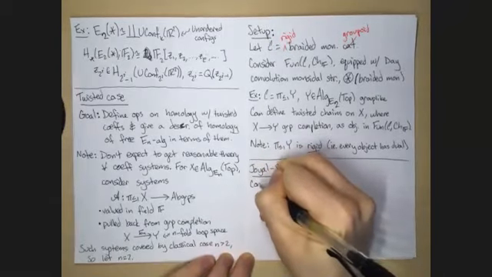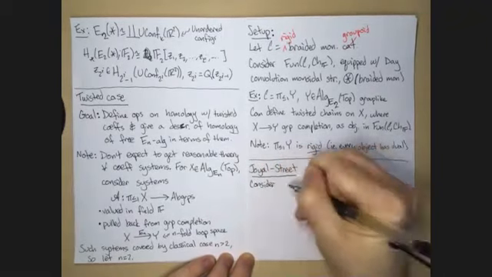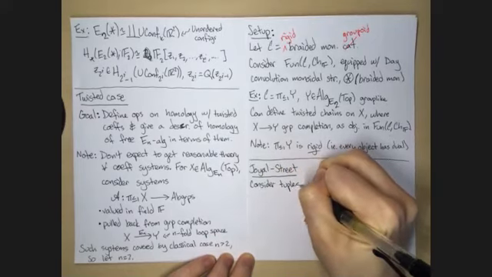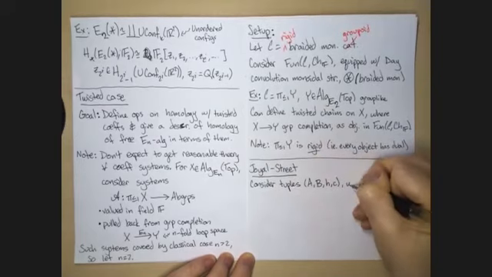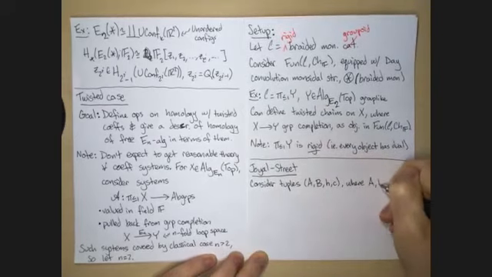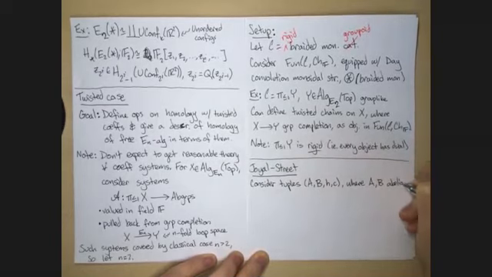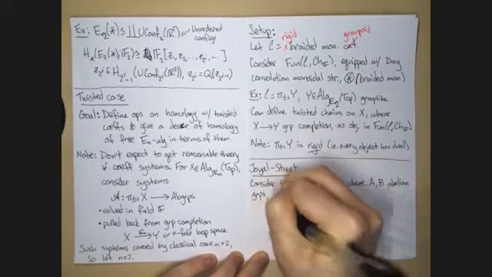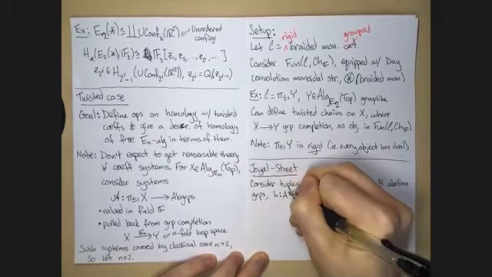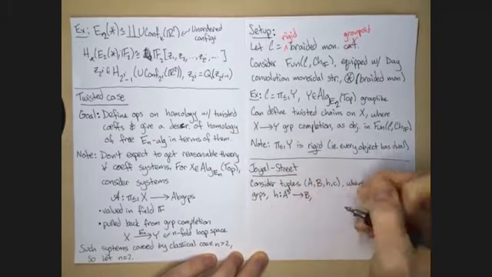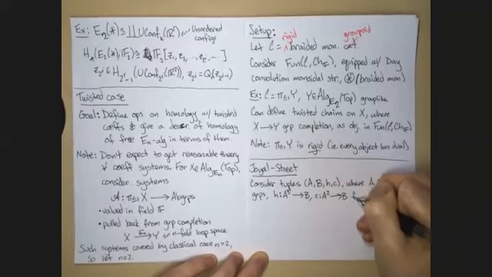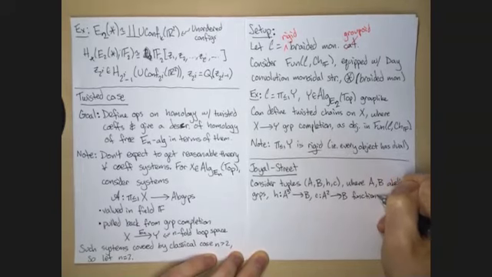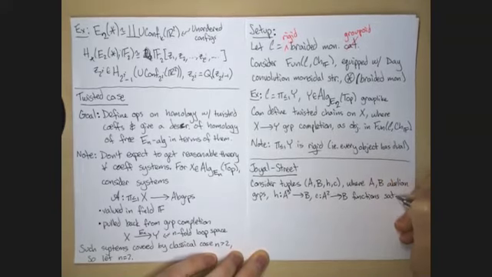So they do a lot more work than I'm going to talk about here, but we're going to consider tuples (A, B, H, C), where A and B are abelian groups, H is a map of sets from A cubed to B, and C is a map of sets from A squared to B. So again, they're just functions, they're not necessarily group homomorphisms. And they're satisfying some equations that I won't write out because it's not particularly enlightening.